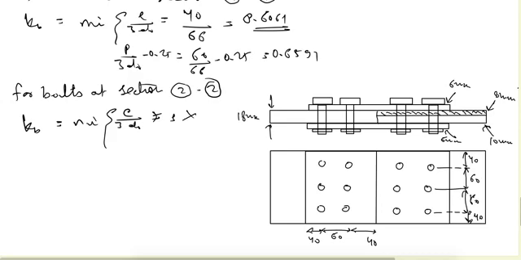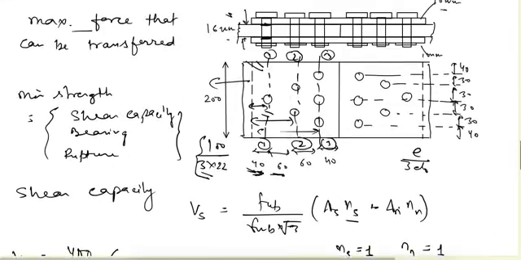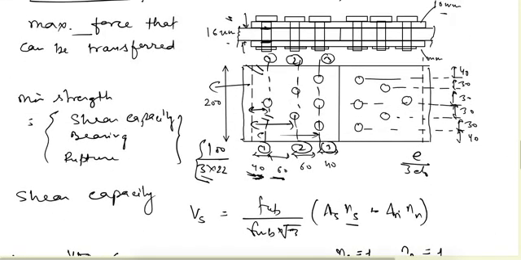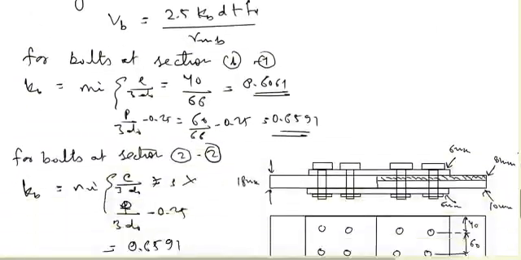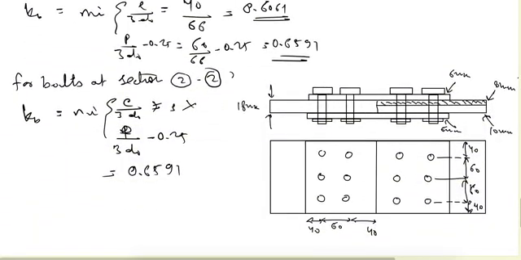So here it is governed by the other one, that is p upon 3d0 minus 0.25, and this value, as we calculated here, is 0.6591. Similar is the case for section 3 also, because for this section the value of e will further increase. So for sections 2 and 3, kb is equal to 0.6591.